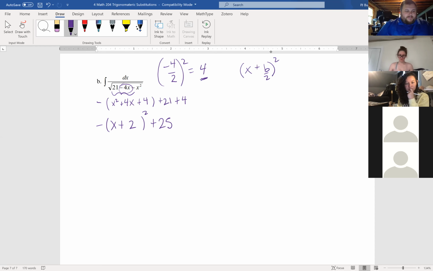So now I'm going to say, before I called it A on my paper, let's not do that. Let's just use U, I guess. So let U equal x plus 2, the stuff inside the parentheses.